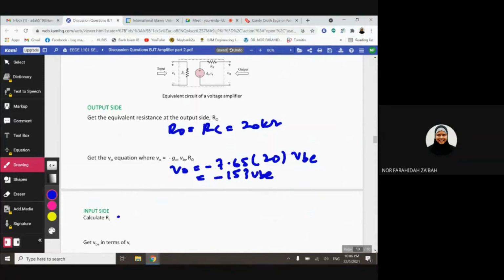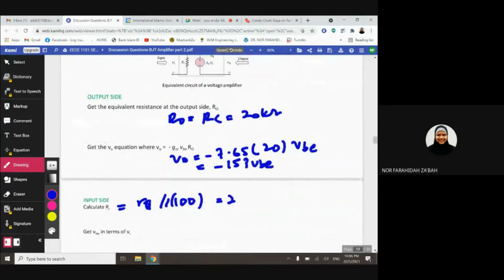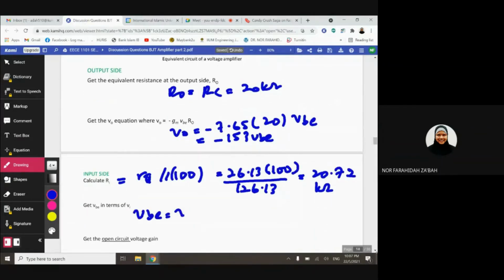Input side, Ri is equivalent to R pi parallel with the 100 kilo ohm. So I have 26.13 multiplied with 100 over 126.13, which is 20.72 kilo ohm. And VBE in terms of VI, VBE is equivalent to VI.